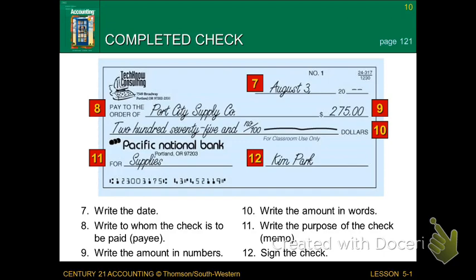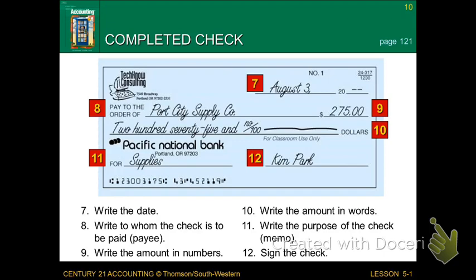And next to that on the right, you would write the amount of this check in numbers. And this check was written for $275.00. Beneath that, you write the amount of the check again, but this time you write it out using words. So in words, this says $275 and no cents.